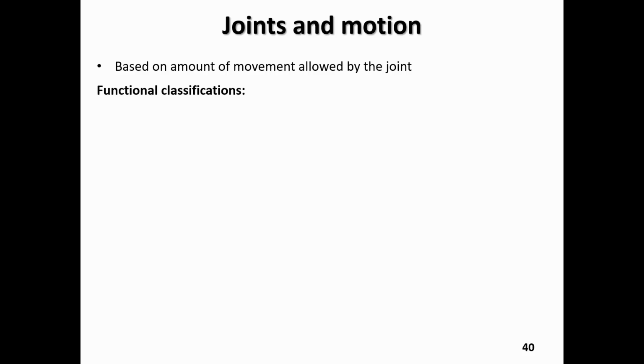When we look at the first classification, which is based on the function of the joint, the first one here is a synostosis, and these refer to joints that are fused, so two or more bones that have come together and form a fusion of those bones, and those are joints that are considered to be immobile.